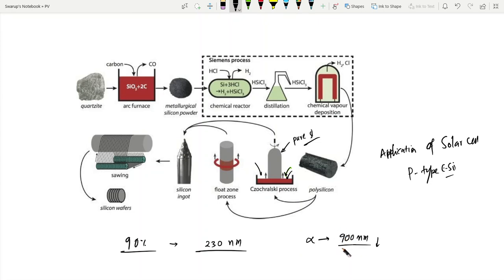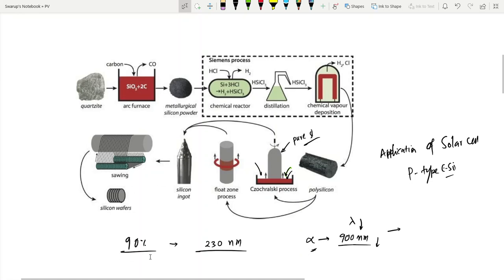And if you consider this wavelength lambda of 900 nanometers, and see the absorption coefficient of silicon at 900 nanometers, I am not going into the numbers. We already discussed the absorption coefficient curves last class, so from there you can get these values.